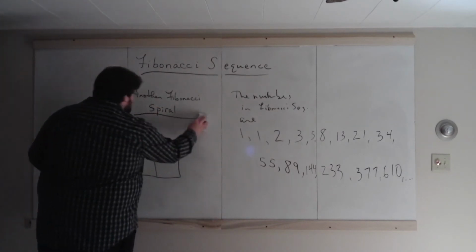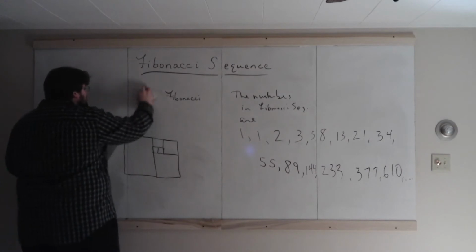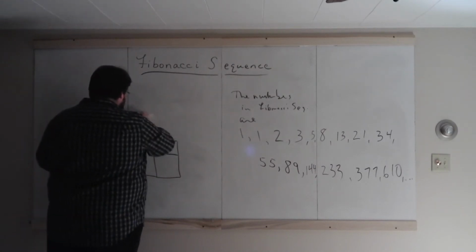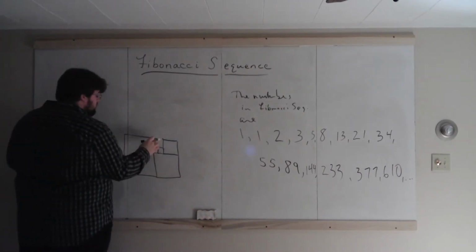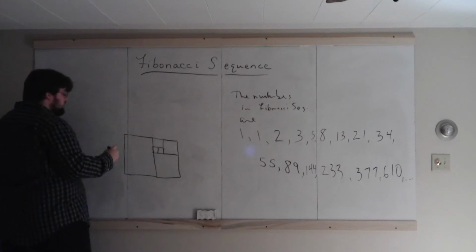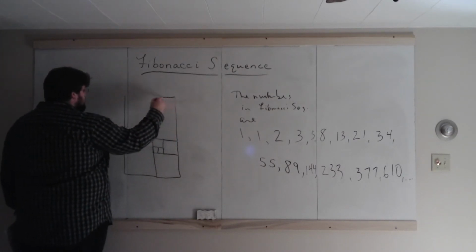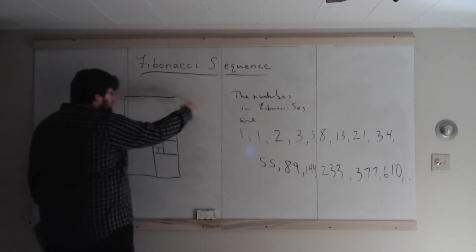And then I'm going to put another on top. The top has length 13, because it's 8 plus 2 plus 3, so that gives us a 13 by 13 square. And I'll draw one more square. The next number is 21, and we'll draw it on this side.